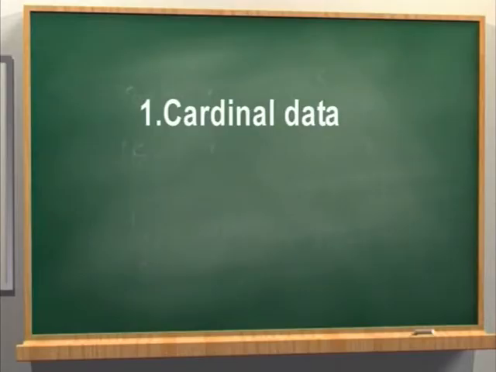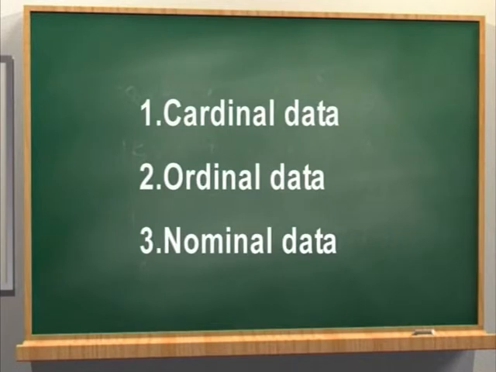The modern world is often described as the information age, characterized with abundance of data. Data, however, is not homogeneous. In fact, one could talk of three levels of data: cardinal data, ordinal data and nominal data.